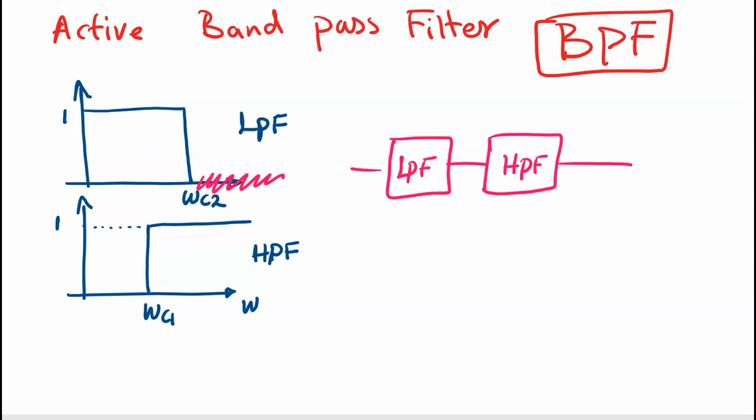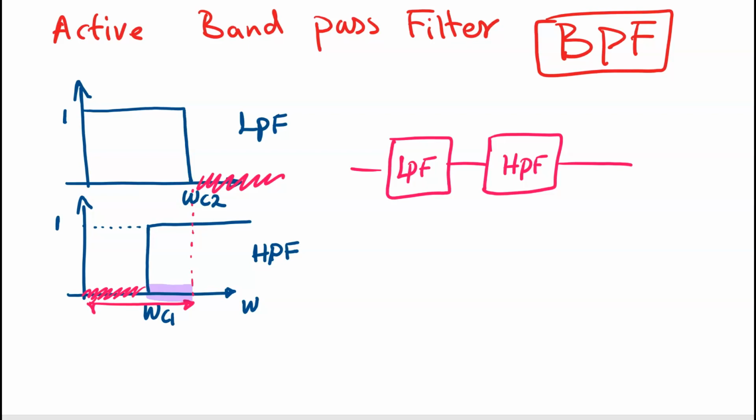Now, the high-pass filter will see only this spectrum of frequency, and obviously it will kill the lower frequencies, and the only frequency range that can pass through both of them is going to be omega C1 till omega C2.